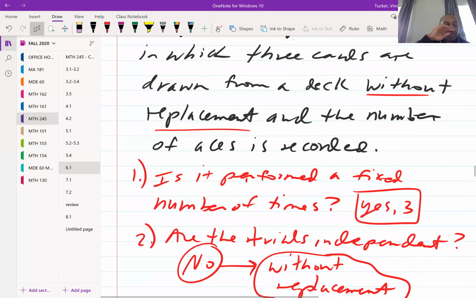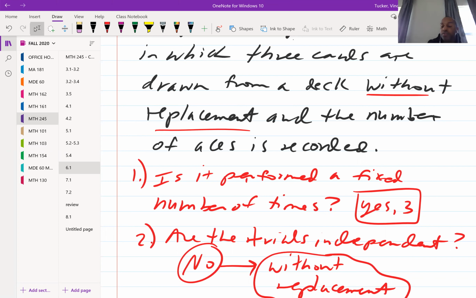Then number 2, are the trials independent? Remember, independence means that me performing one trial does not affect the probability of the next trial. So our trials are not independent because it says without replacement. Once I take a card out and I don't put it back, now I'm affecting the probability.